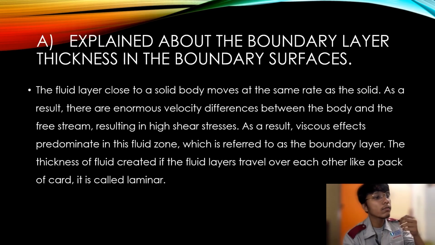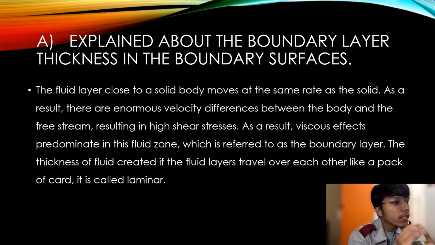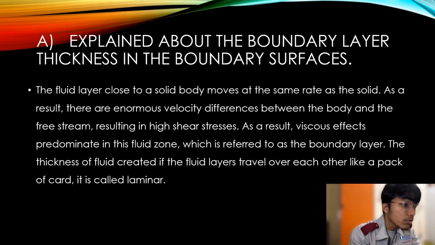So first, explain about the boundary layer thickness in the boundary surfaces. The fluid layer close to a solid body moves at the same rate as the solid. As a result, there are enormous velocity differences between the body and the free stream, resulting in higher shear stresses.